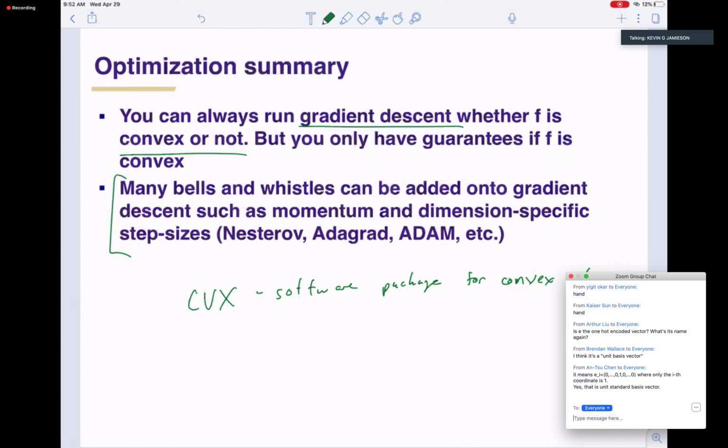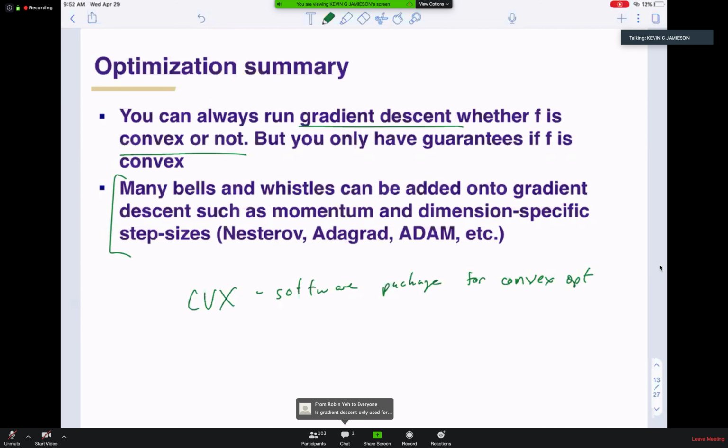Many bells and whistles can be added to gradient descent. We'll see later in the quarter when we talk about neural networks that you'll see optimizers in Torch or these packages that utilize these bells and whistles often, like Nesterov accelerated method, Adagrad, Adam, etc. Adam is really just modifying the step size.